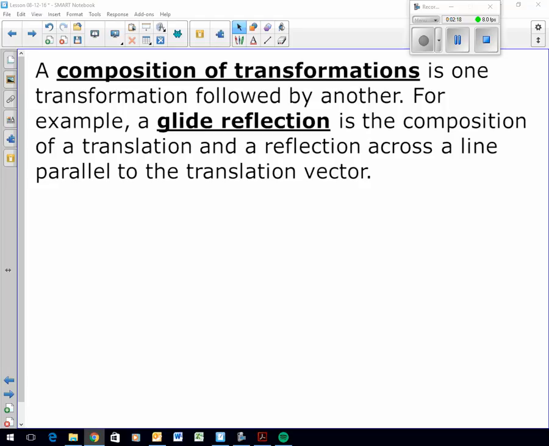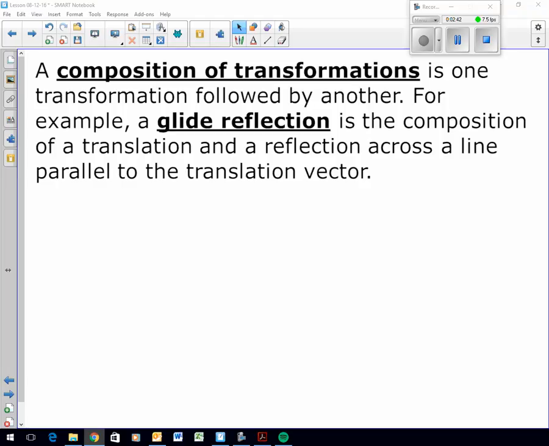In a glide reflection, what are the two transformations that take place? Very good. A translation and then a reflection. Now, you just wrote it down, but now I want you to understand what it means. Those two transformations take place in the same move. Think of it like a play or a move.